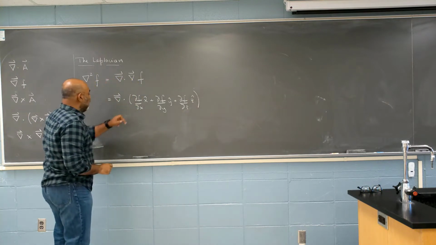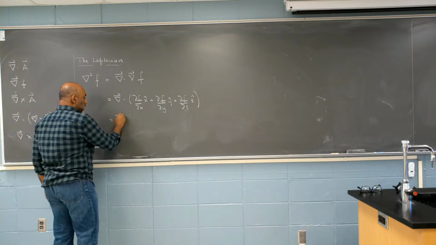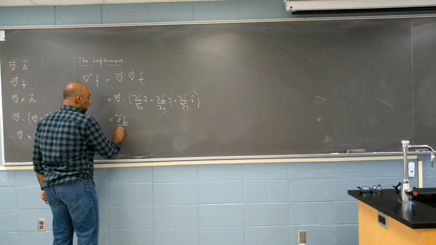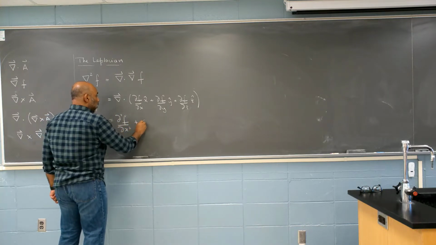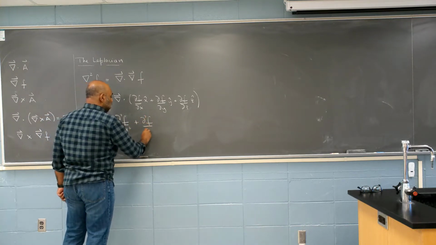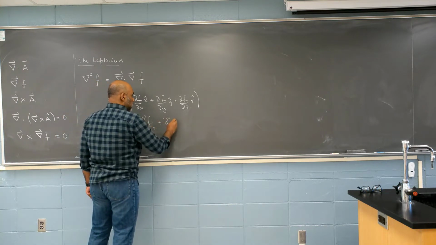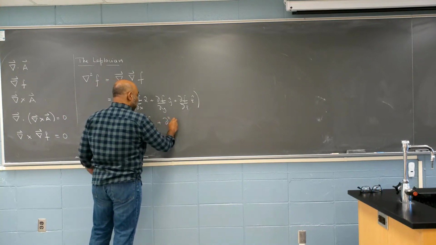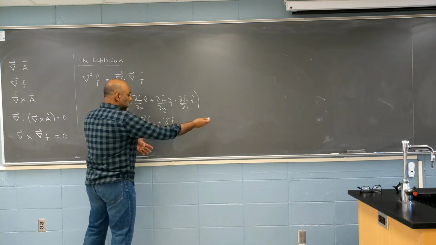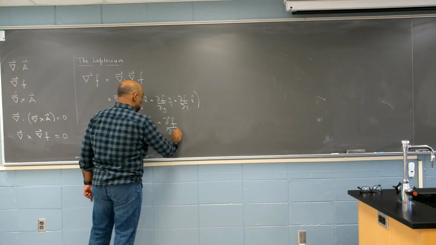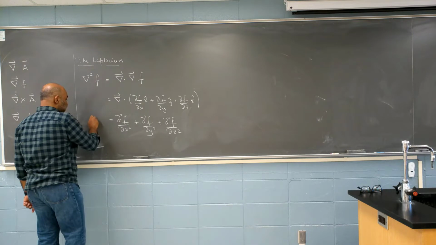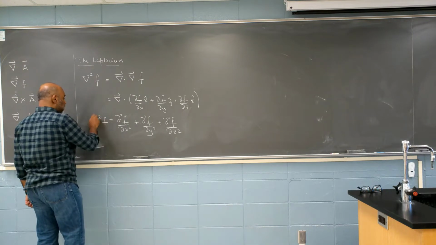Now I take the divergence of that. So what I get is a second order partial differential operator. If, for example, this is equal to something, it becomes an equation. So this is the Laplacian of a function.